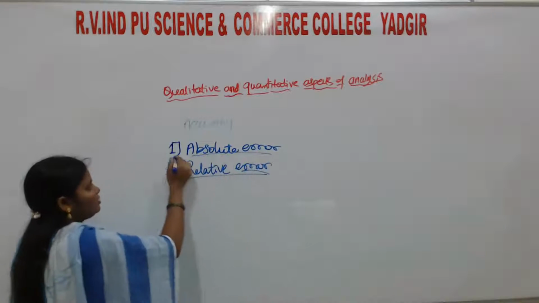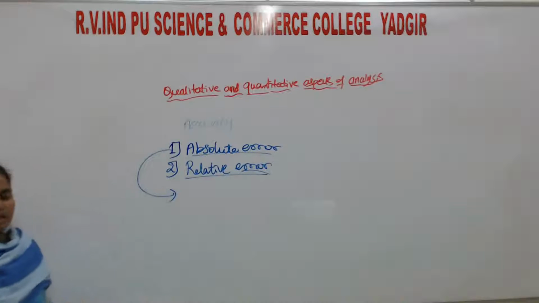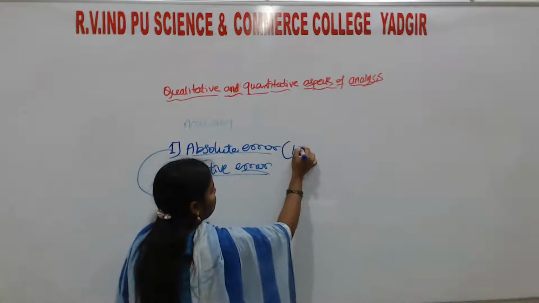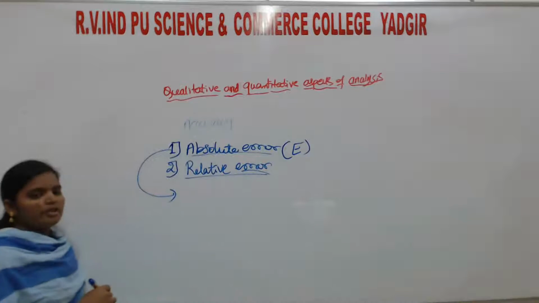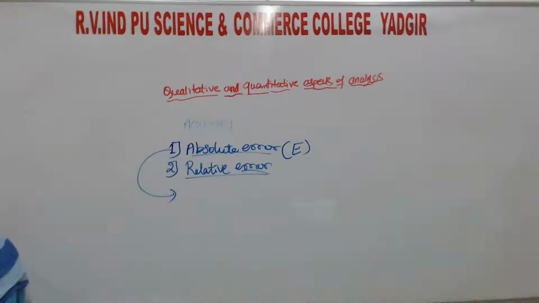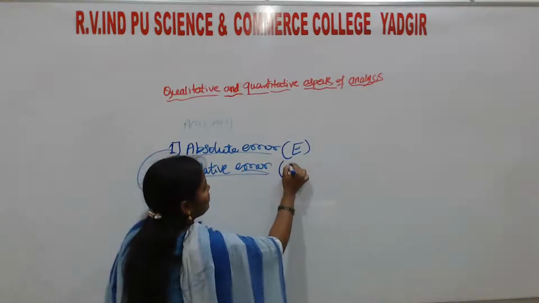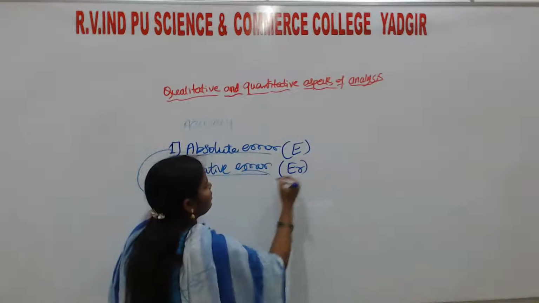First, absolute error is denoted as E, and relative error is denoted as ER.